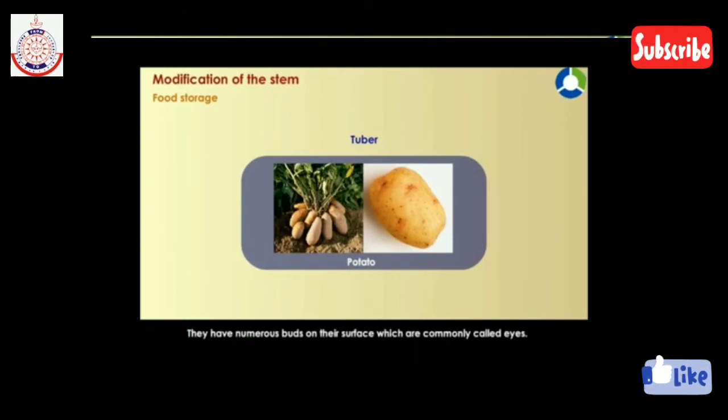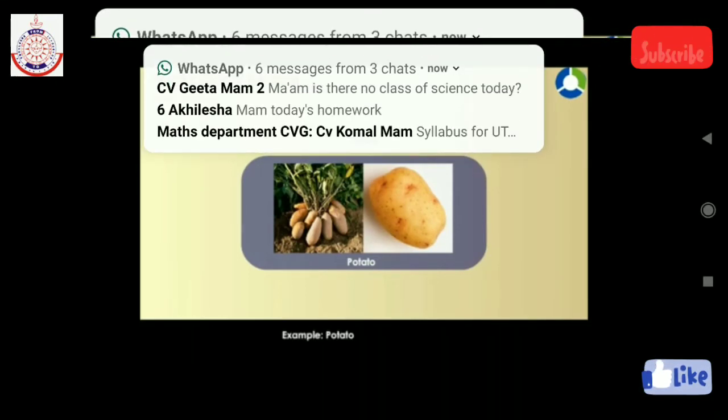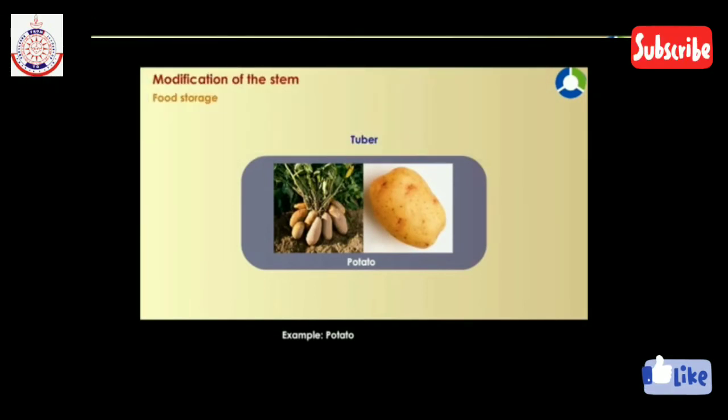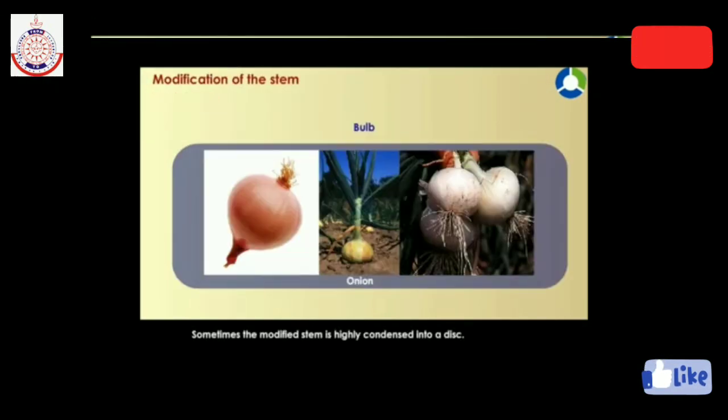They have numerous buds on their surface, which are commonly called eyes. Example, potato. Bulb. Sometimes the modified stem is highly condensed into a disc. Numerous scale leaves are present in it. Onion is an example of a bulb.